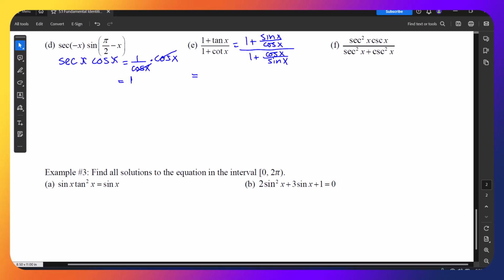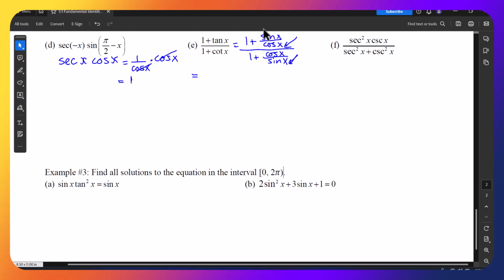Okay, now looking at this expression right here, I see the top has a cosine in the denominator, and the denominator also has a sine as its own denominator. So in order to simplify both of these, I'm going to multiply the entire numerator and the denominator by the product of these two denominators, which is cosine of x times sine of x.